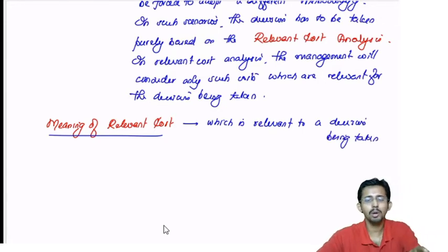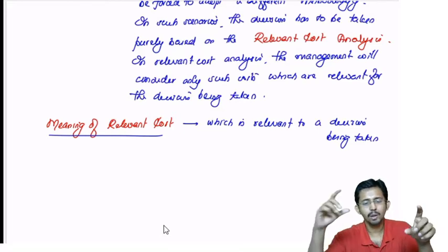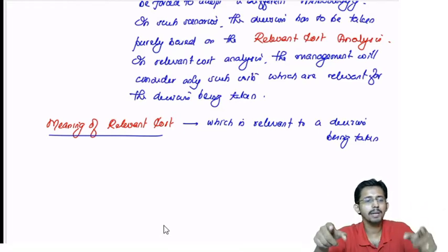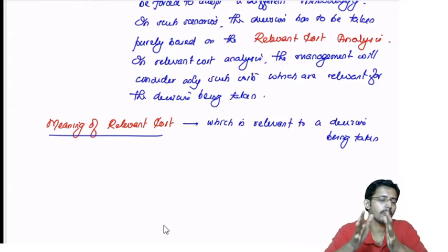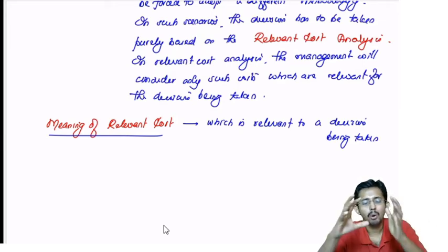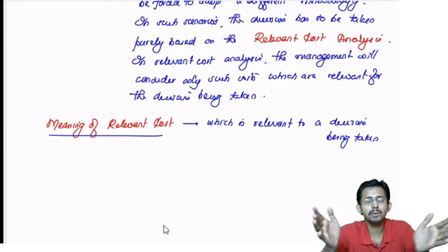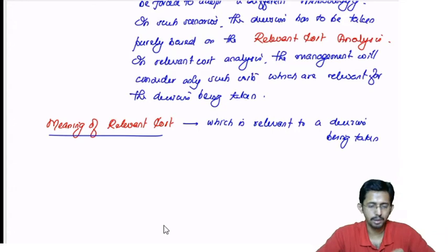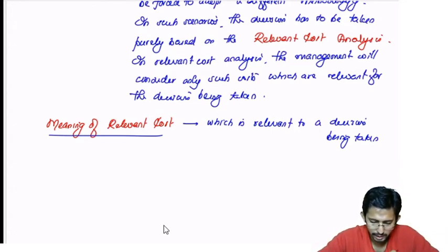That is why I told you, in case of a long-term decision, all costs will be relevant costs because all the costs are relevant in such a decision. But in a short-term decision, the relevant costs are only those costs which change between the alternatives and are not past costs, which is relevant to a decision being taken.